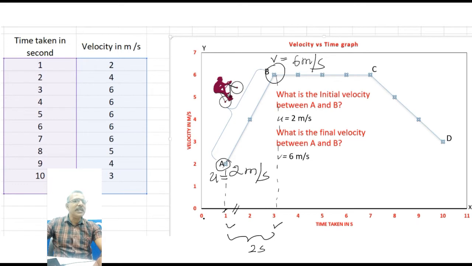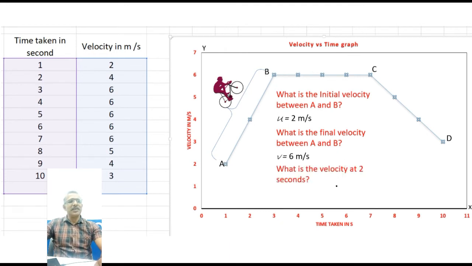Because many times we tend to take this value as 3 seconds. It is not 3 seconds because it started from here. So please keep in mind how much time it has taken to move from 2 meters per second to 6 meters per second: 2 seconds.